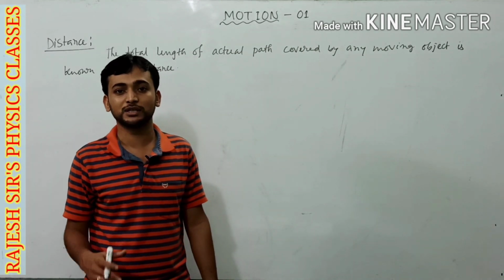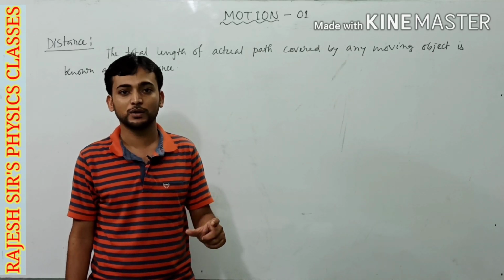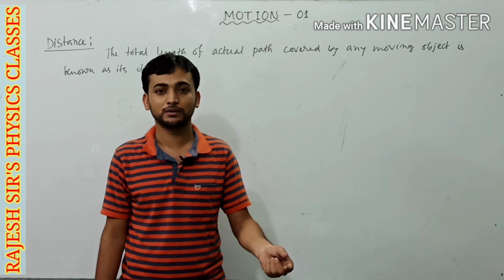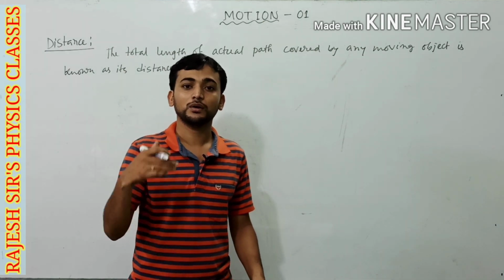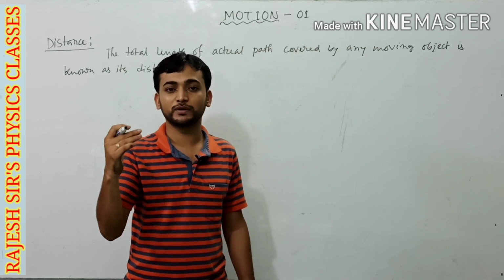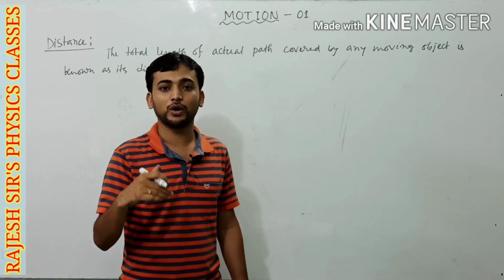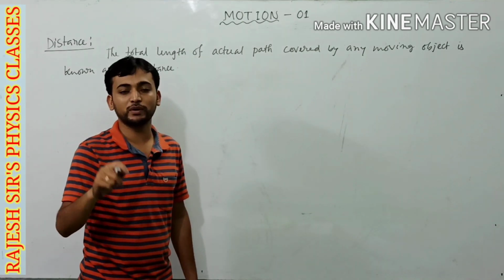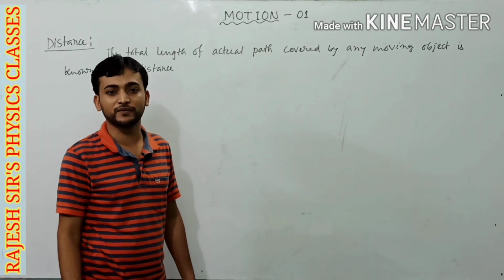Suppose I am telling the distance covered by a body is 1 what? 1 meter or 1 kilometer or 1 centimeter. So we have to tell the distance covered by a body is either 1 meter or 1 kilometer or 1 centimeter, like this. You have to remember one thing. There are 3 unit systems in physics.